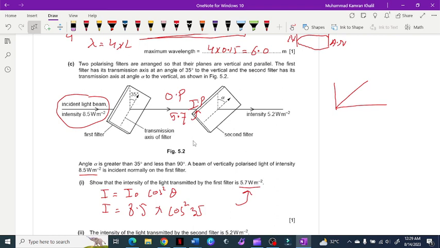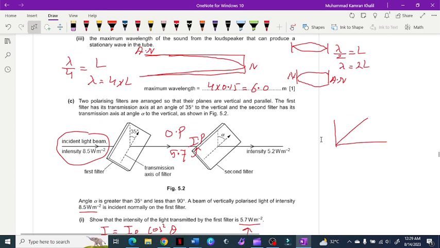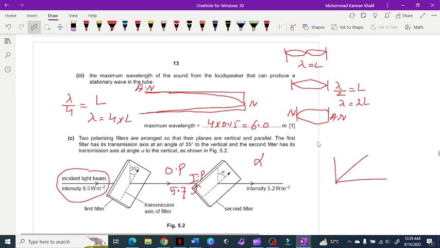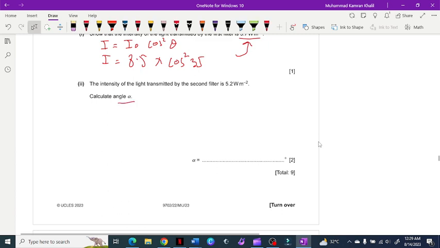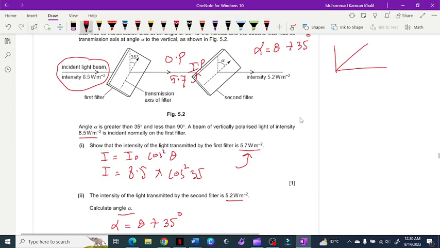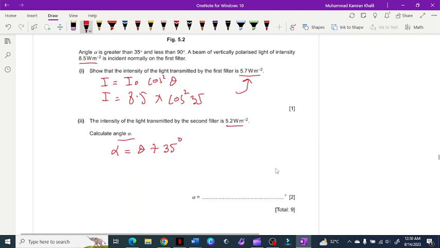So now for the next one, this alpha is actually the sum of theta and 35 degree, which was already rotated. We have to calculate the angle alpha. Alpha is equal to theta plus 35 degree, but we do not have theta. So for this we will use this as the output, sorry, and this one will be input 5.7. So we will apply the same formula and calculate theta.